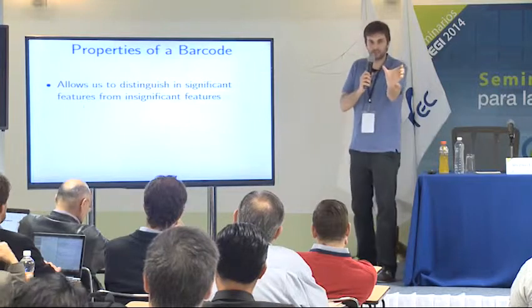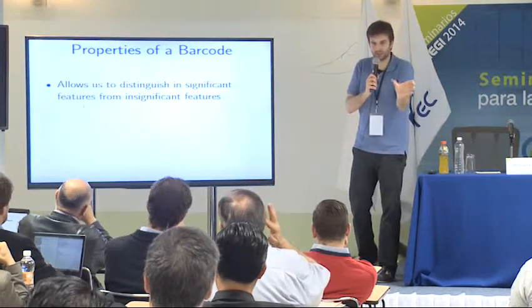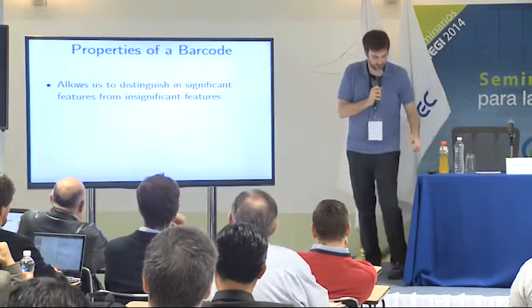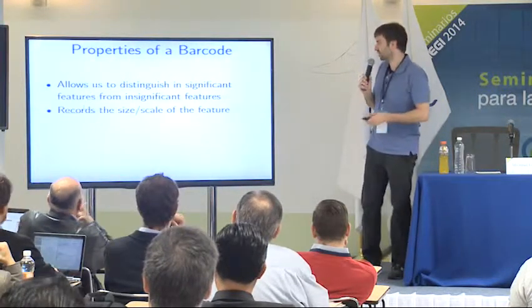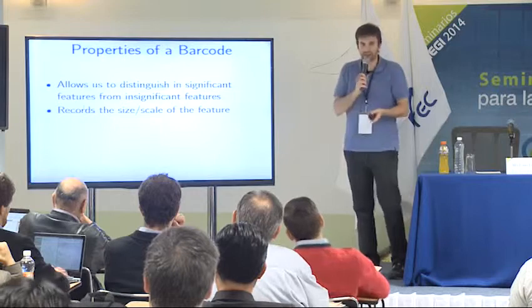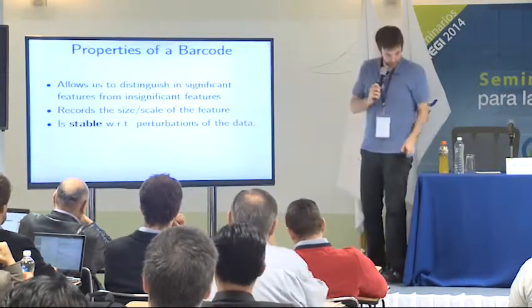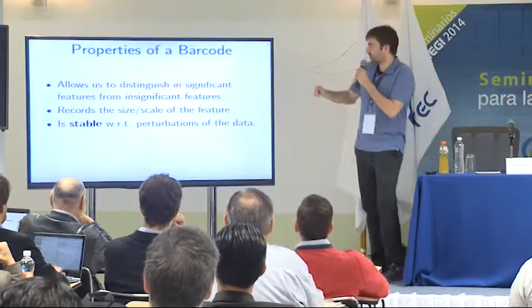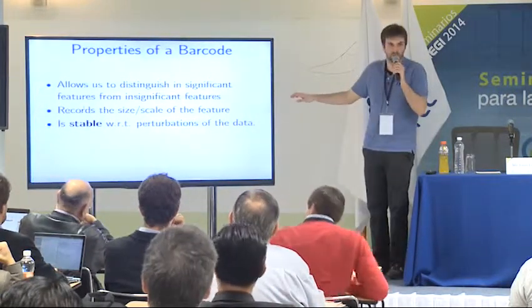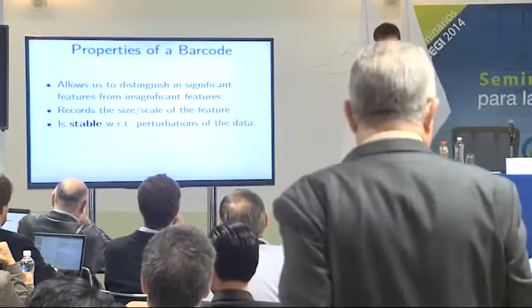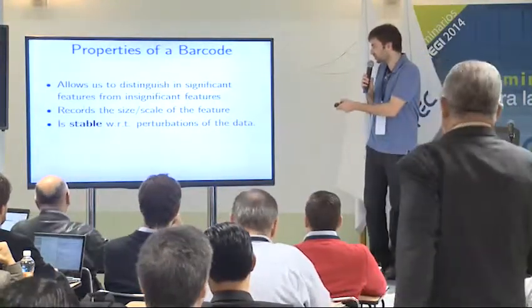Namely, the length of the interval quantifies the significance of the corresponding feature. Secondly, it's recording the size and the scale of the features. And it turns out that the barcodes are stable with respect to perturbations of the data. And that's one of our main mathematical results in this field.